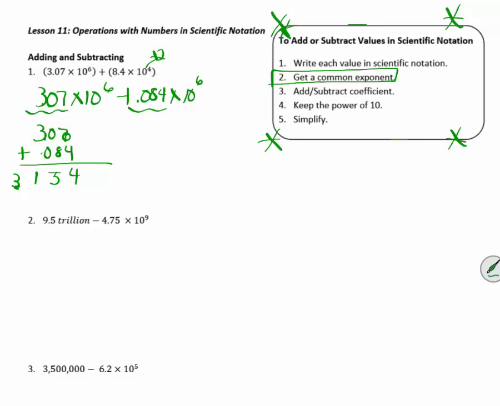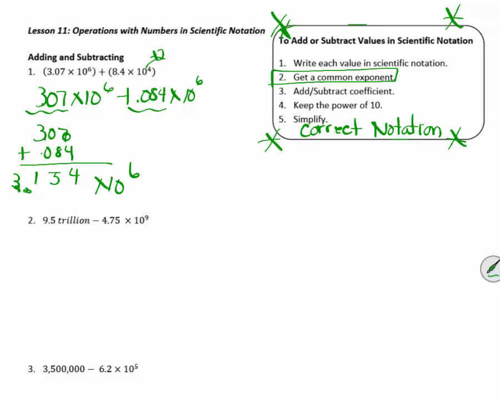We have to keep the power of 10, so times 10 to the 6th. And by simplify, I'm saying that it means it has to be in correct notation. And remember, a number in scientific notation has to have a number between 1 and 9, which this is, even though you can't see my decimal. It's 3.154, and then times 10 to some power.